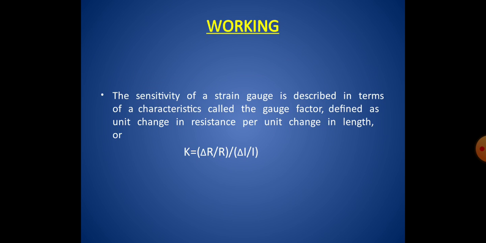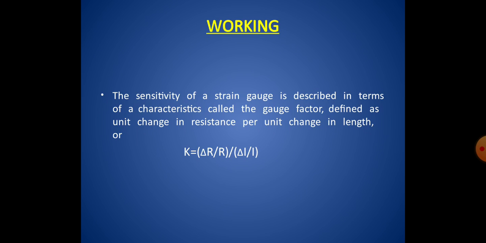Delta R is the change in resistance of the Wheatstone bridge circuit, and R is the resistance in the undeformed condition, that is, before deformation. Under deformation there will be a change, called the change in resistance, delta R.